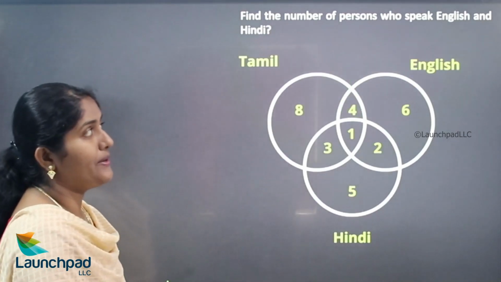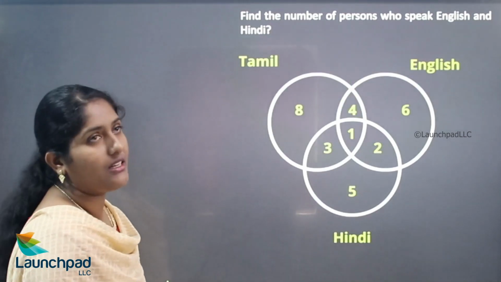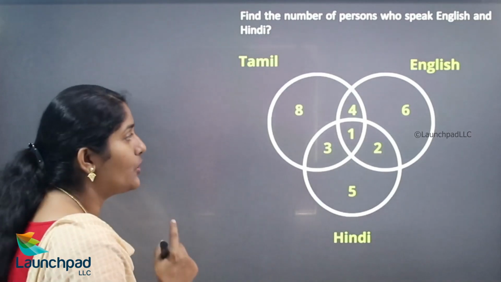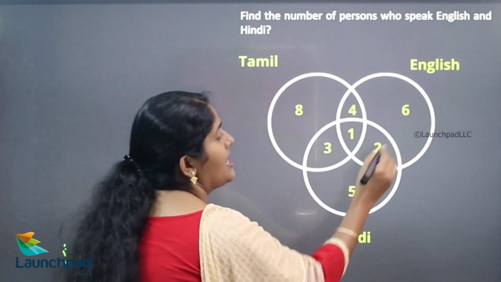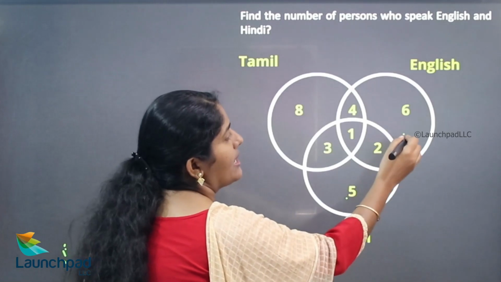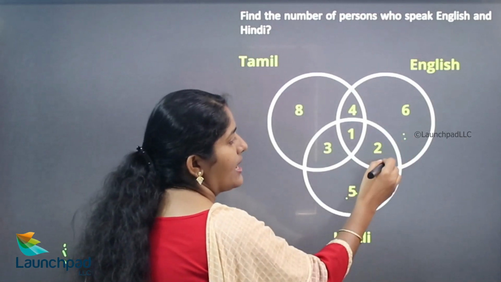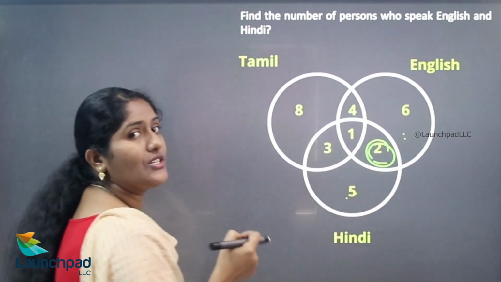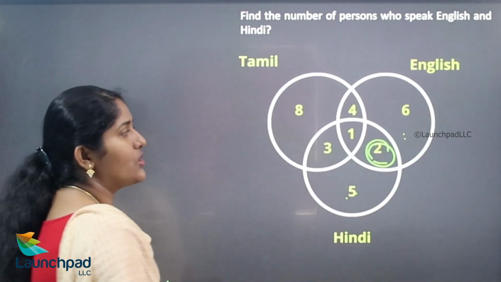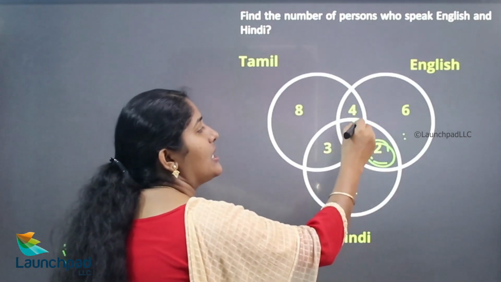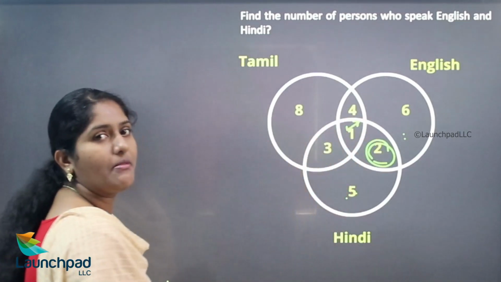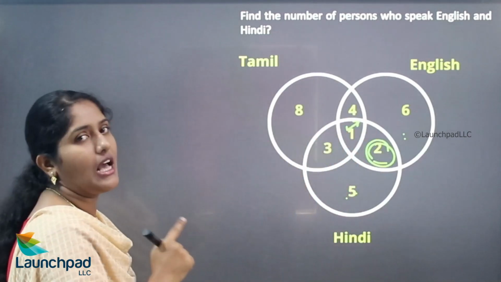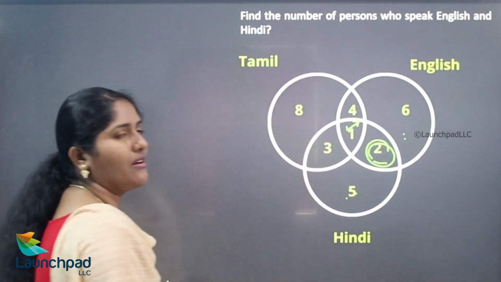Okay, we'll move on to your next question. Find the number of persons who speak English and Hindi. So English and Hindi is 2. Two persons speak English and Hindi. The 1 in the middle is indicated as the 3 languages known by that 1 person.